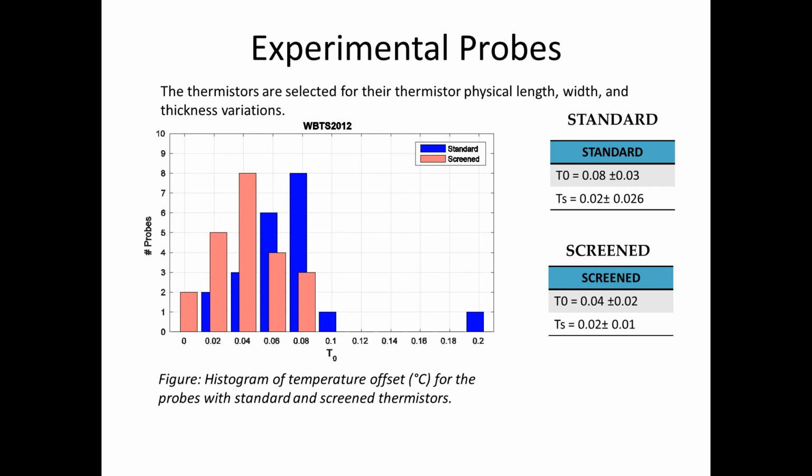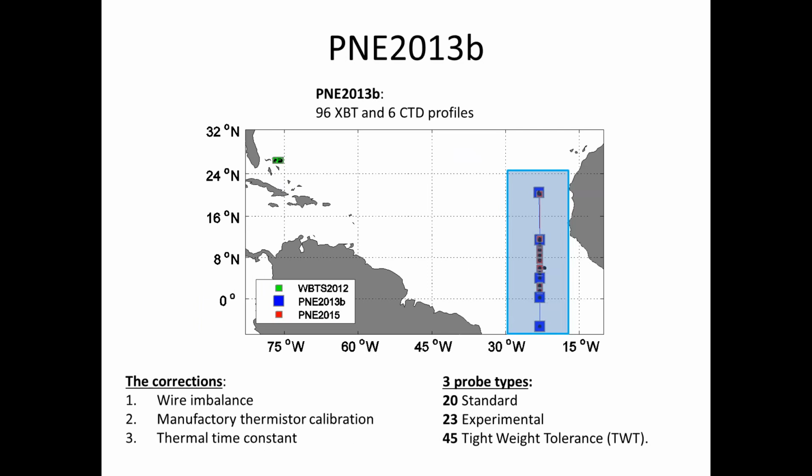It's not very statistically significant. We can see clearly a shift toward lower biases with the thermistor constrained. And then we go to a more complex experiment where we deployed, of course, the PNE 2013.